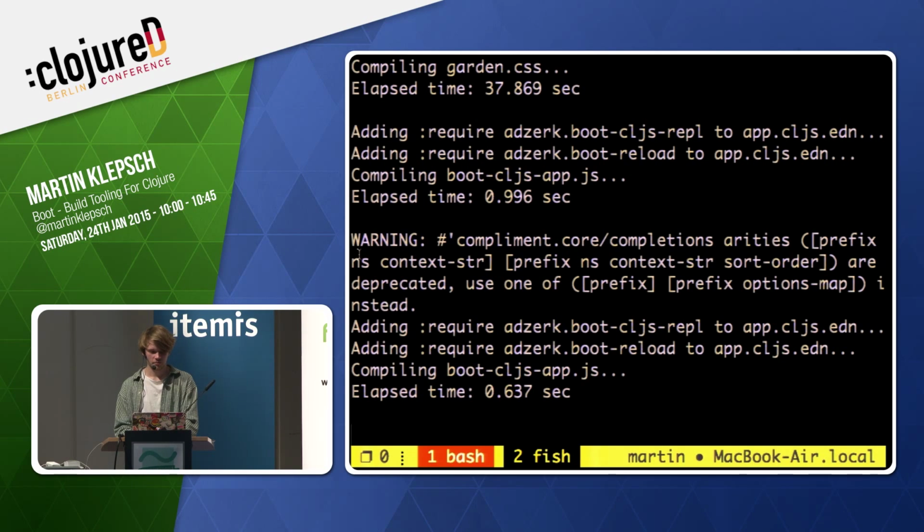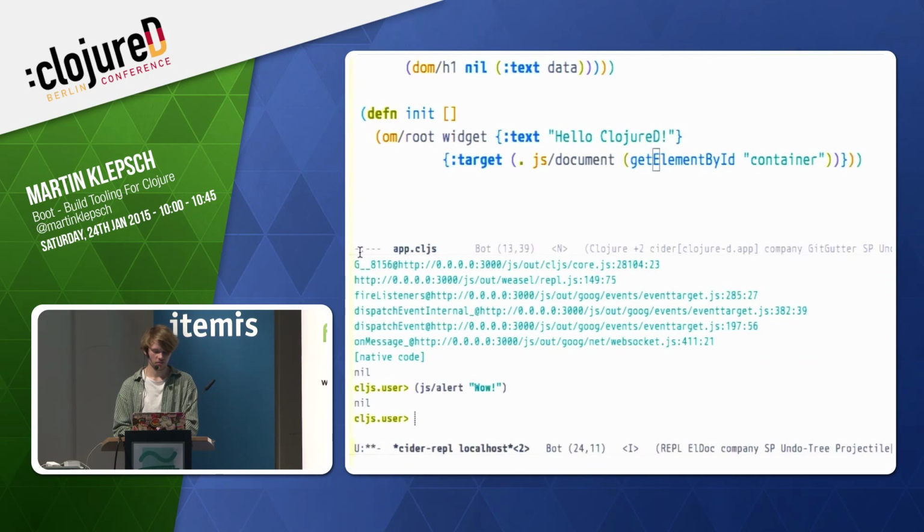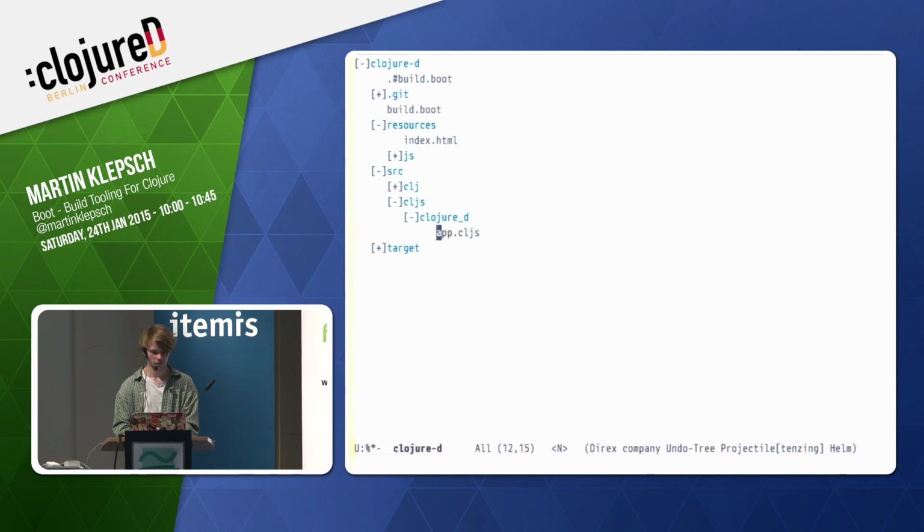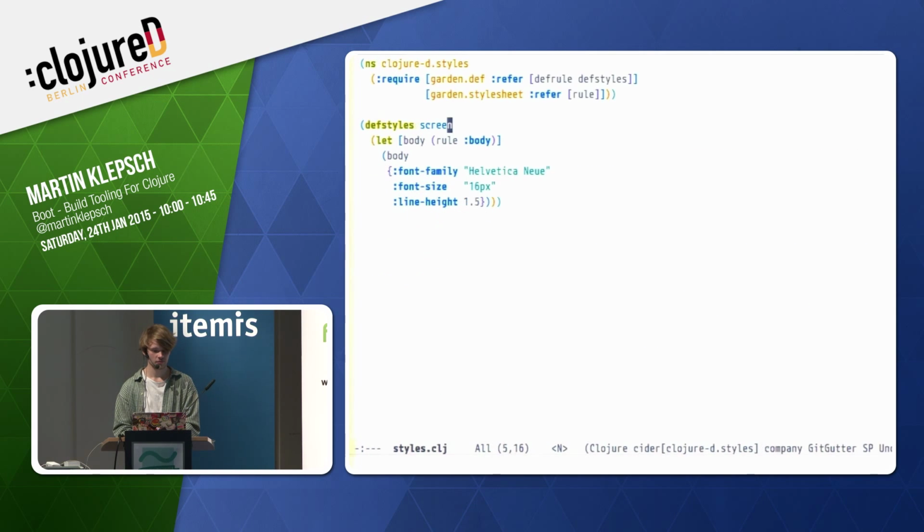Another thing I wanted to show here is that when you change different files, not the whole application is recompiled. If you change a file that only compiles to CSS, for example, as this file does, only this file is recompiled to CSS, and none of the Clojurescript stuff is touched again.